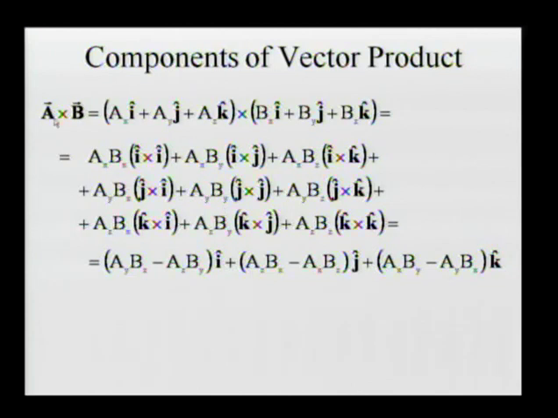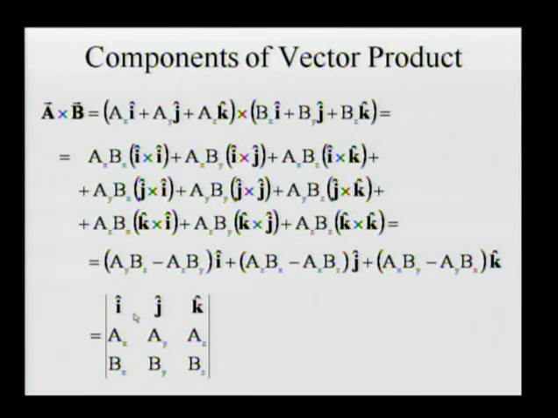So I can group those together and express, when I order it neatly, I will get these components for vector product. So x component of vector product requires that we take y component of the first vector, multiply by z component of the second vector, and subtract third component of the first vector, multiply by the second component of the second vector, and so on. Actually, those of you who are familiar with matrices, and if you calculated determinants, you can kind of memorize this expression by writing determinant of such a matrix.